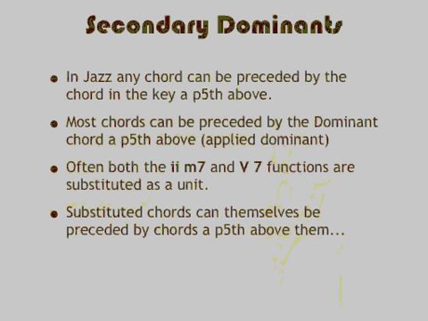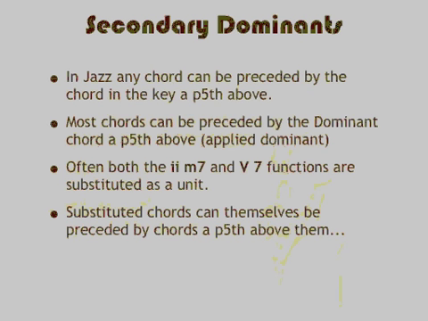Now in jazz there are a couple of little differences here, and one is that you can substitute the chord that is a 5th above, but which is diatonic. So in other words, if you're on a C minor chord, you could substitute the chord above that, which might be a G minor chord. Let's say we were in the key of B flat. So the secondary dominant, in other words, doesn't necessarily have to be a dominant chord.